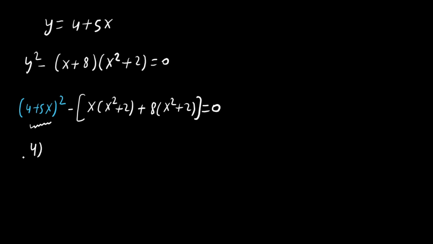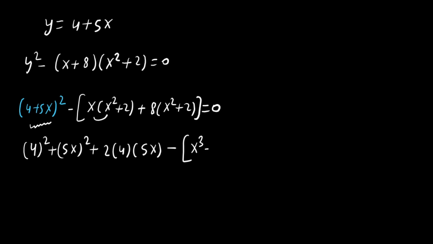Then 4 square plus (5x) square plus 2 times 4 times 5x, minus x multiplied by x square, then we get x power 3, plus x multiplied by 2, then we get 2x, and 8 multiplied by x square, then we get 8x square. 8 multiplied by 2, then we get plus 16, and this is equal to 0.